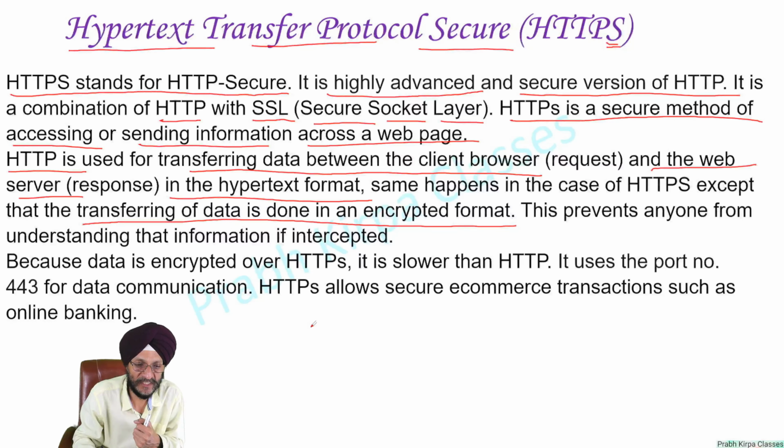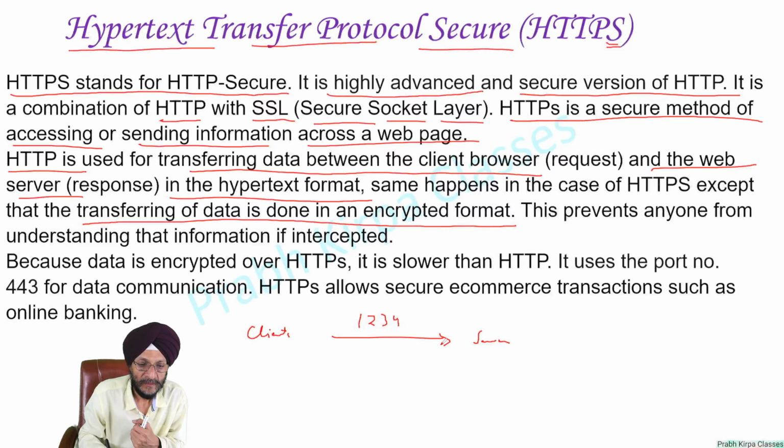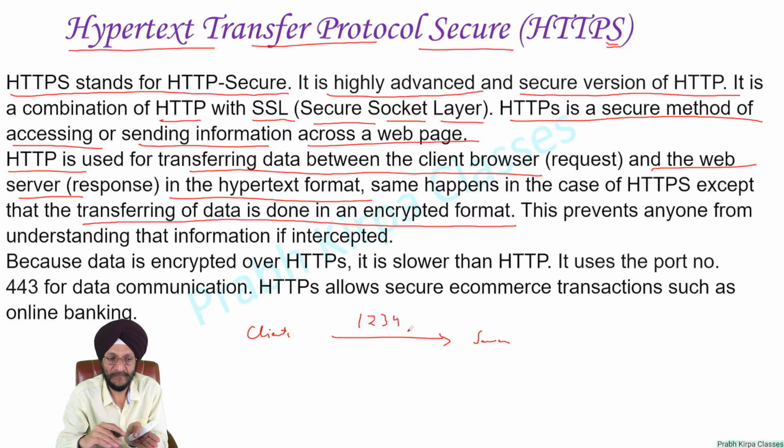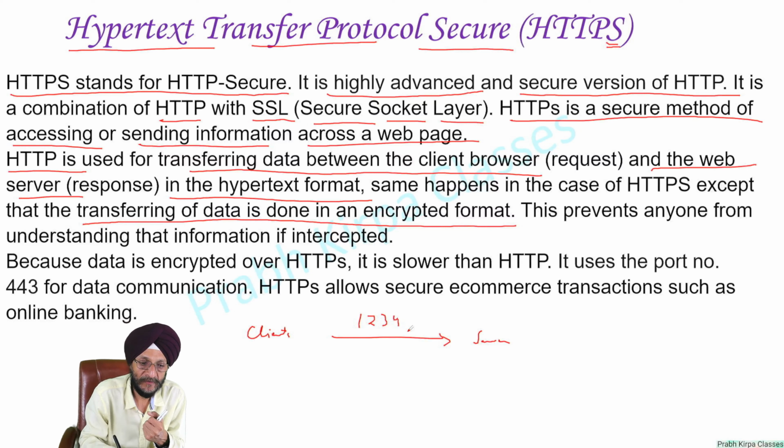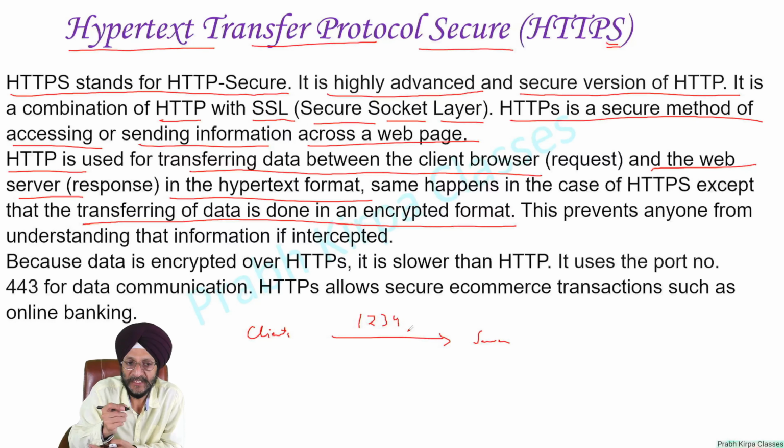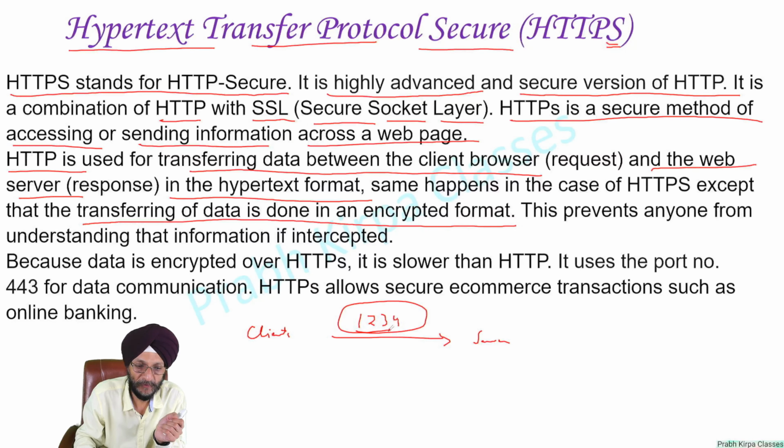Suppose in case of HTTP, we send the data 1, 2, 3, 4. Here the client sends to the server 1, 2, 3, 4. Now this data travels as it is, 1, 2, 3, 4. But when HTTPS is being used, it will be sent in an encrypted form.